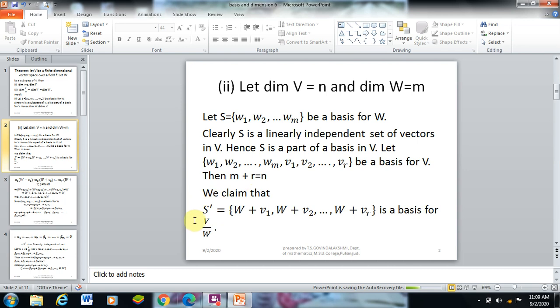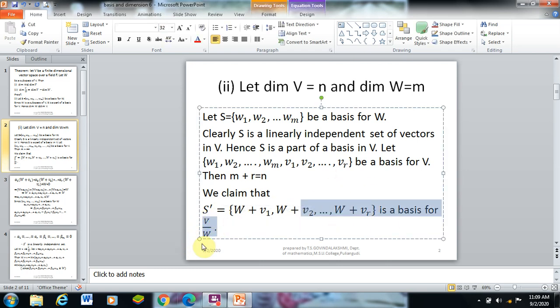We claim that S dash, whose elements are of the form W plus v1, W plus v2, etc., W plus vr, is a basis for V by W.